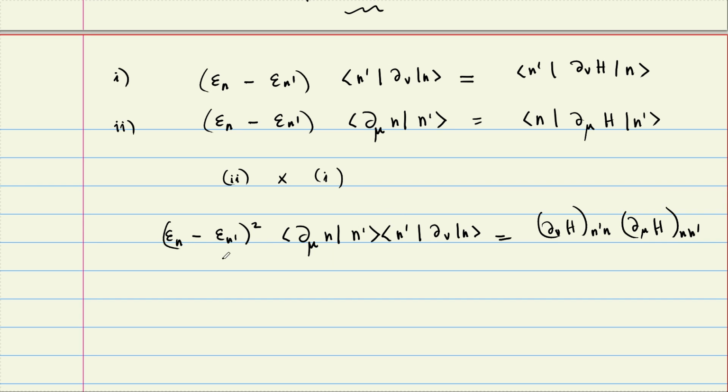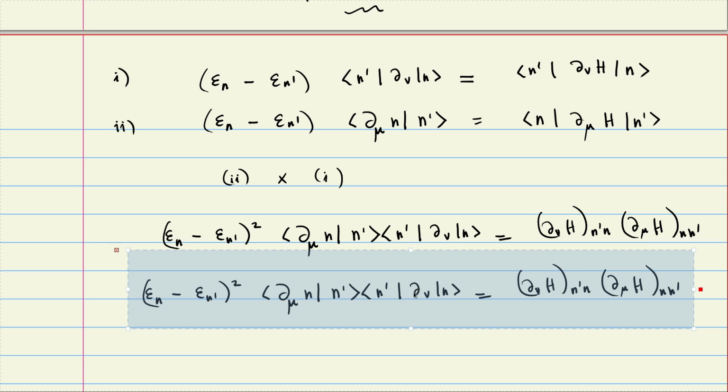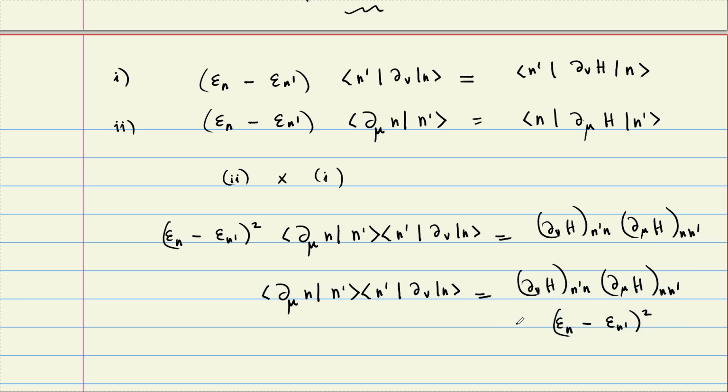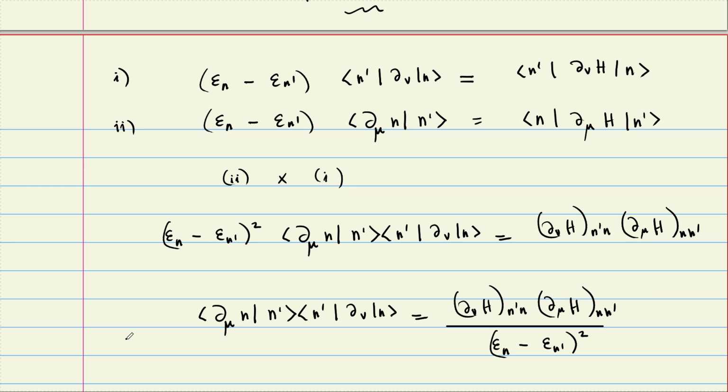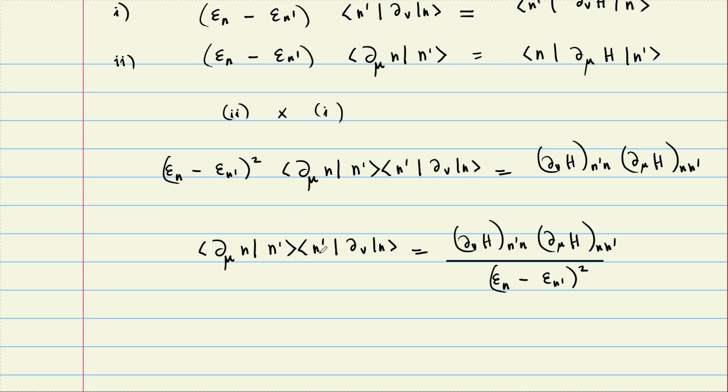And I want to take this to here. Okay, let me write it in 2 lines not to lose track. So what I want to do is I want to take this to other side, because n and n prime are not equal anyways. And this is the denominator. So let me just center that. And I want to sum over all n prime, right?